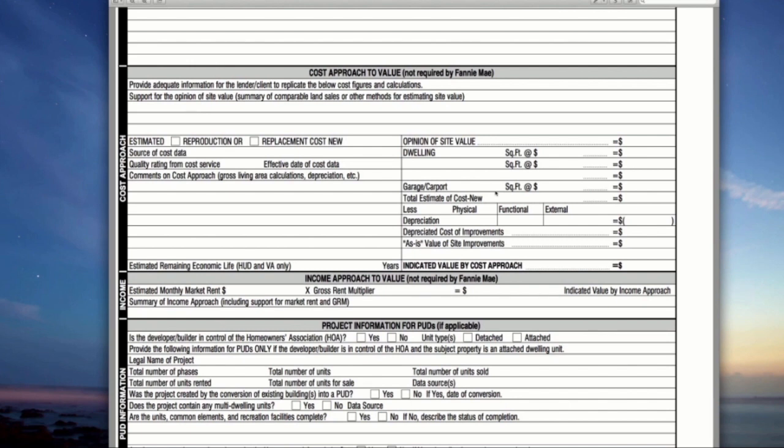Lately in our area, the cost to build so exceeds what you can sell the home for that the cost approach is always significantly higher. And what we do is we use that to show the investor that this area is still depressed because you can't have new construction in our area because a builder could never sell their home for what it costs them to build.